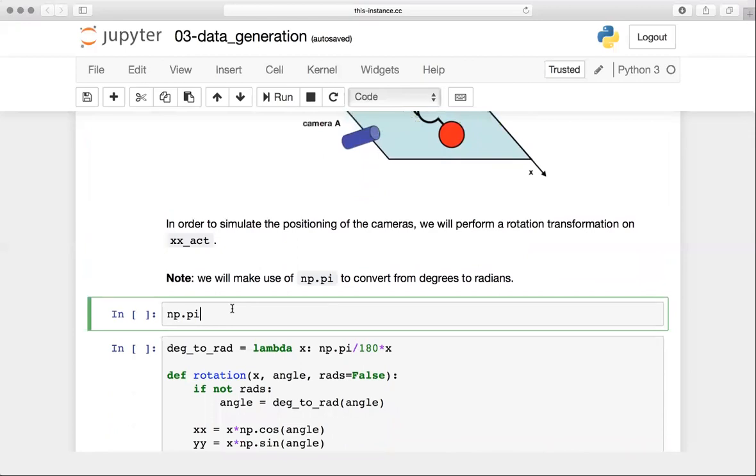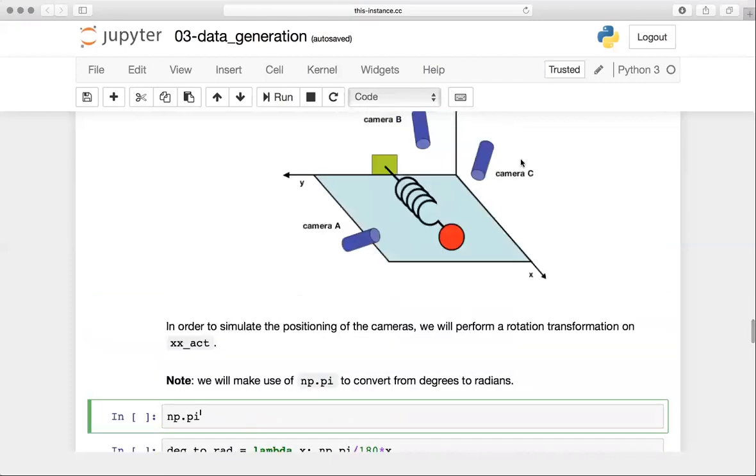One thing that's good to know is that the cosine and the sine functions are going to be working with radians, and it might be easier for us to work with degrees. That's something we might be more used to, especially because we're going to want to rotate these cameras in order to simulate having them point in different directions. It's probably easier for you to understand what a 45-degree rotation in a camera is versus a pi/4 rotation in a camera.